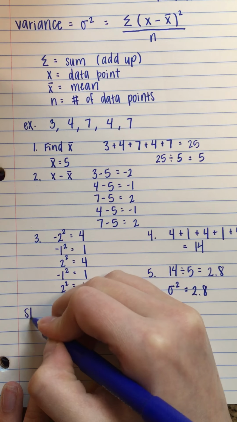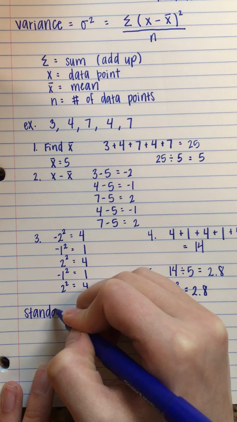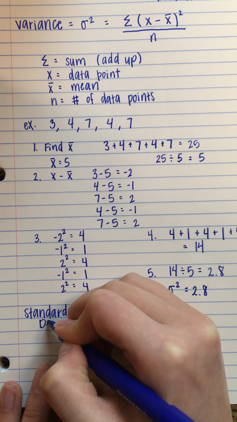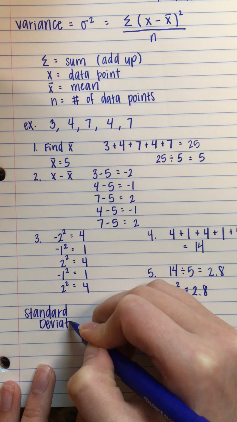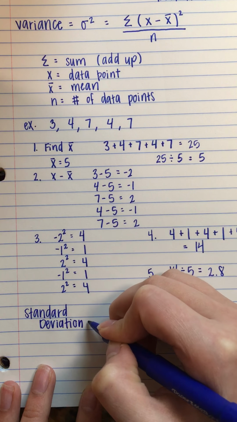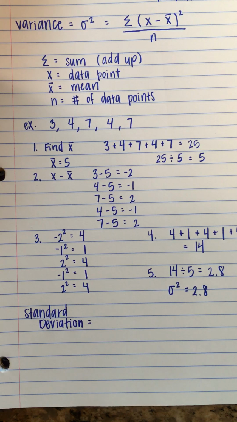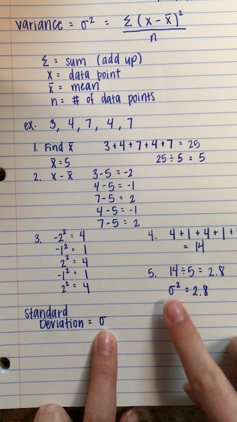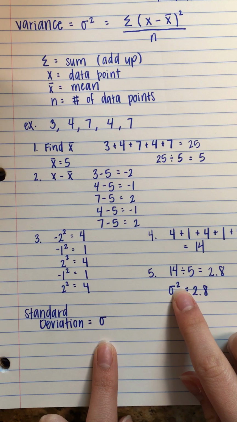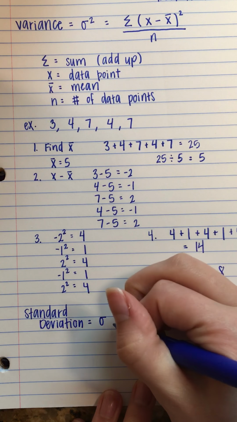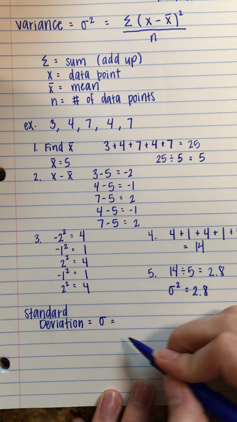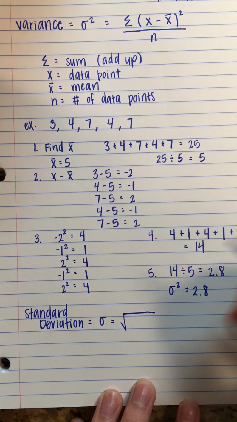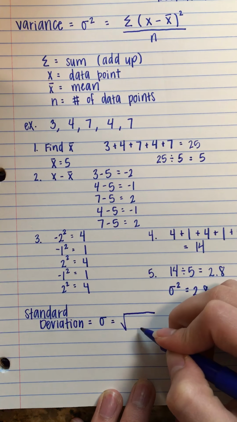Now standard deviation is going to be easy. No crazy formula here. Standard deviation is just this symbol. Notice that variance was this squared. So to find standard deviation, after we've got our variance, all we're going to do is square root it.